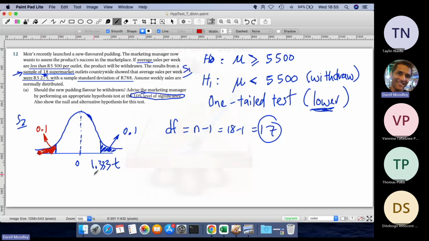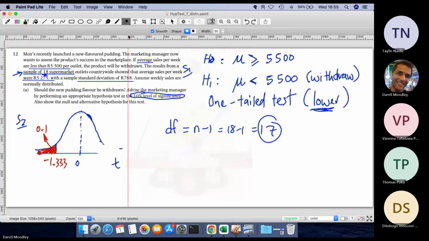You'd be right, because I actually don't need the region on the right, but I used it to get this value. If I have its positive counterpart, then I know the value for its equivalent on the left side. It is simply the negative sign: negative 1.333. So I don't need the positive value because it's a lower tail test, but I needed it to find the equivalent on the left.